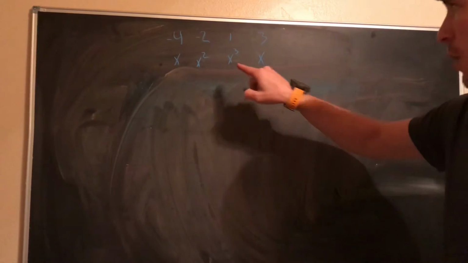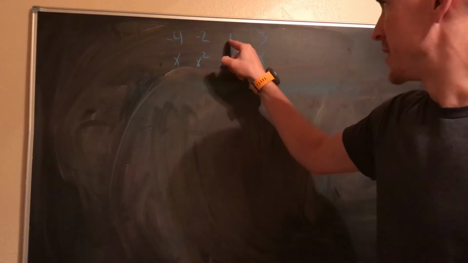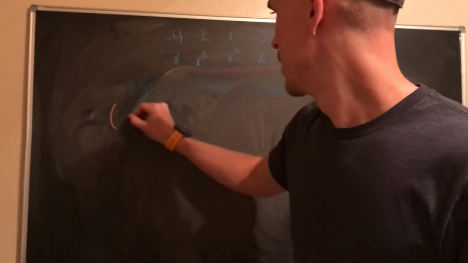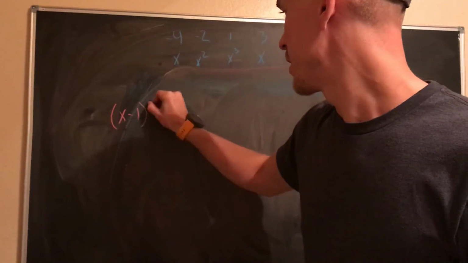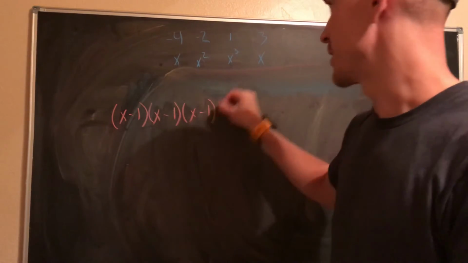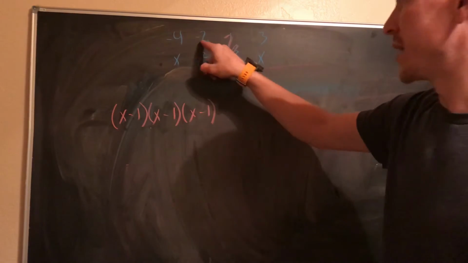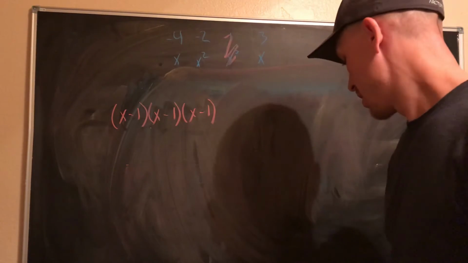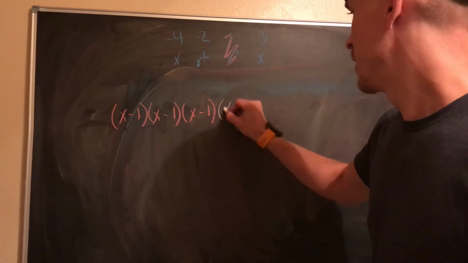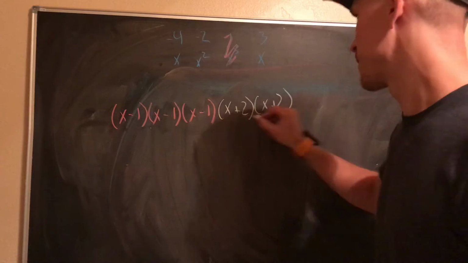Now I'm going to start with our highest one, the triple right there, and remember, that's going to be backwards. So I'll do x minus 1 times x minus 1 times x minus 1 because it's a triple. We have a double right there. That's a -2, so we do the opposite: x plus 2 times x plus 2.